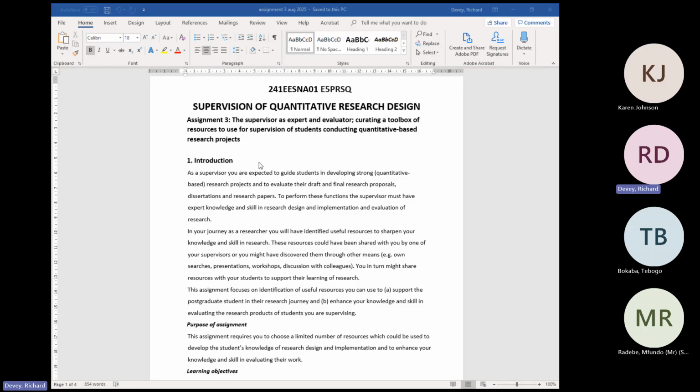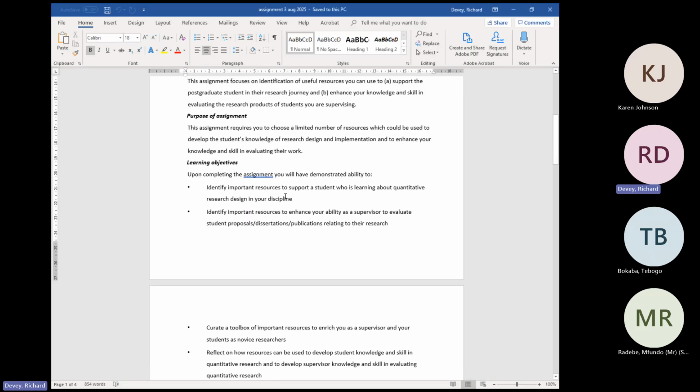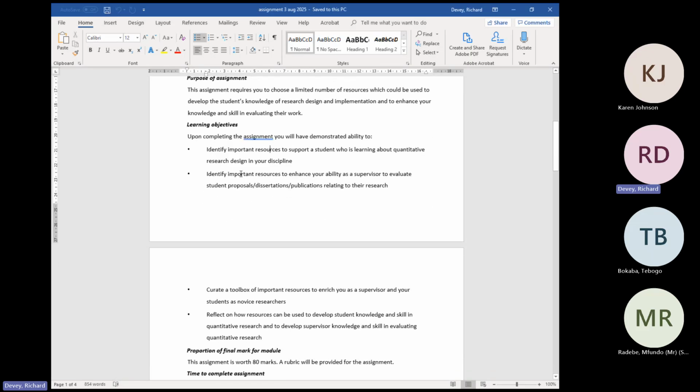It's about collecting some resources together for a toolbox, and then I'm asking you to answer some questions in relation to those resources. So the objectives are for you to identify important resources in relation to quantitative research.